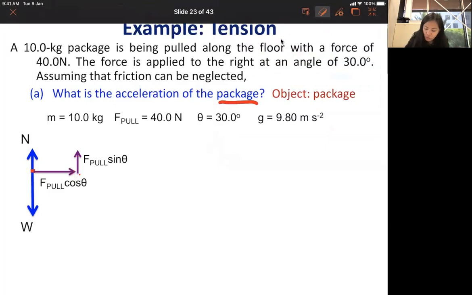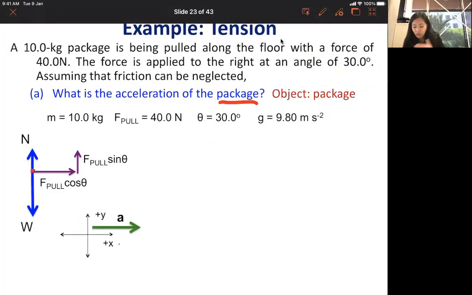The reason why we are breaking down the diagonal force into its X and Y components is because once you have the X and Y components, you can forget about the diagonal force and get rid of it. And as you can see in your free body diagram, you only now have forces along the horizontal and forces along the vertical, which is easier to analyze rather than forces along the diagonal.